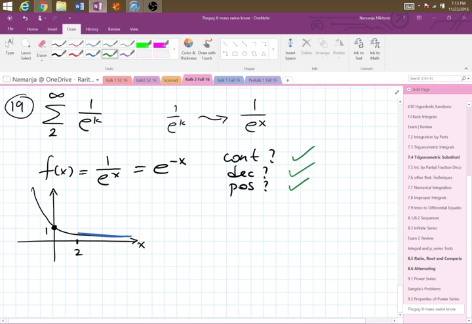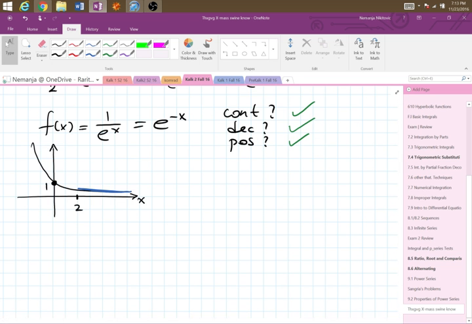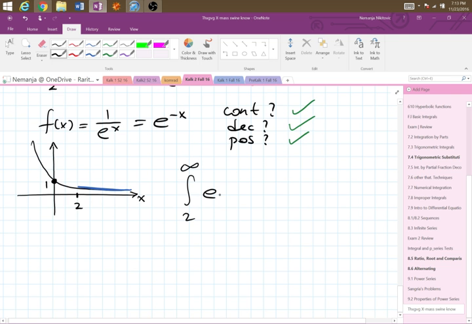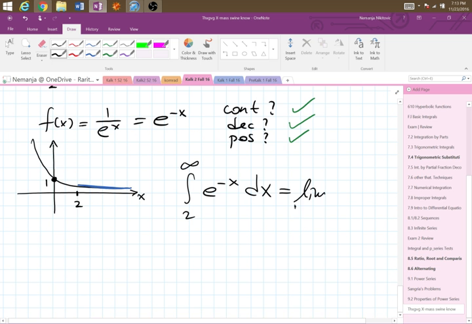So now let's do the problem. We established that these three rules apply, and because of that, we are okay to compute the integral from 2 to infinity of e to the minus x dx, which we first have to rewrite as the limit as b goes to infinity of the integral from 2 to b of e to the minus x dx, because it's an improper integral of the first type.